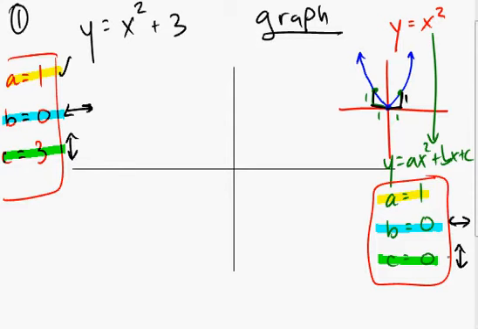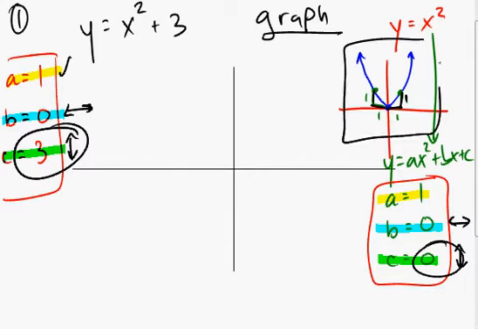So we know if B didn't change, so it didn't move left and right, so the axis of symmetry is still right there in the middle on the y-axis, but what happened is the C went from 0 to 3. So this parabola just moved up 3.